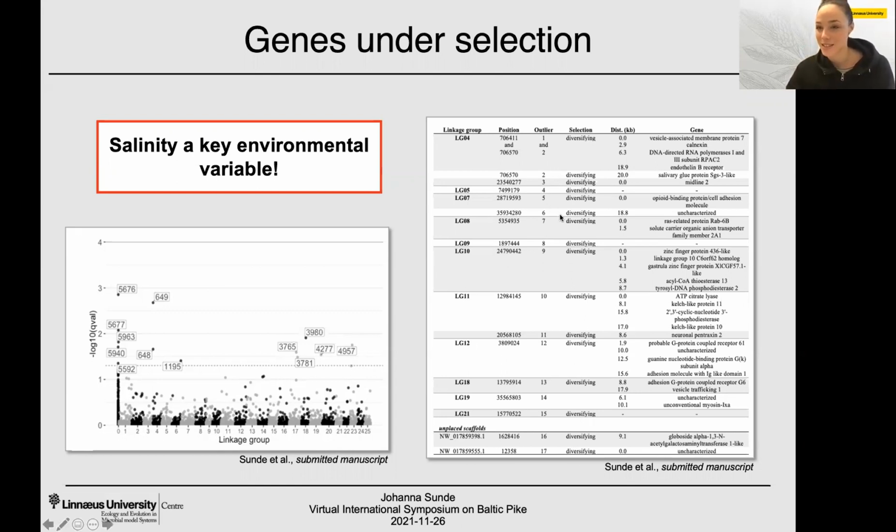And then we searched a lot in different databases and read a lot of articles to find out the functions of all these different genes. For many of them, we don't know what the function in fish or pike is. However, we found some of them that are associated with osmoregulation and different ion pumps. So it seems like salinity is really a key environmental variable for pike, which is consistent with previous studies and really expected.